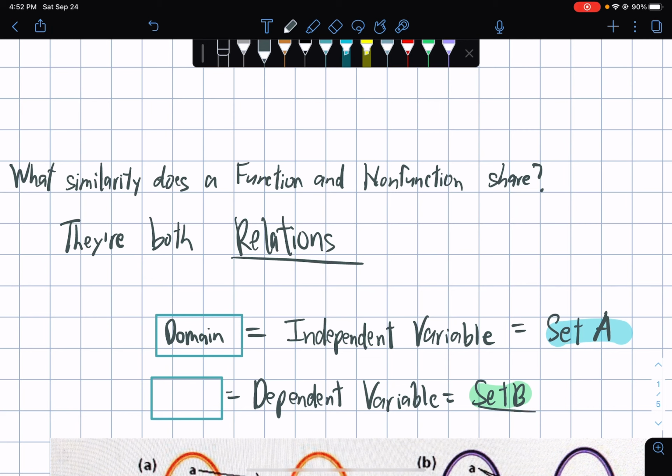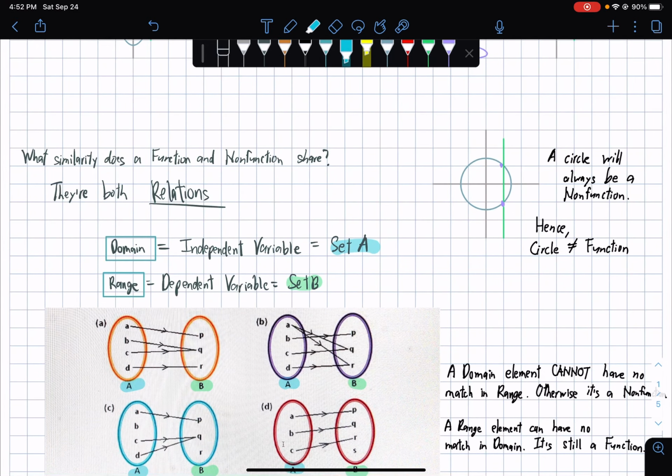As for set B, that will always refer to the range. The domain is the independent variable, while the range is the dependent variable. I hope you could find a way to familiarize yourself, or better, both memorize and understand these concepts. It will come in handy when it comes to problem solving.